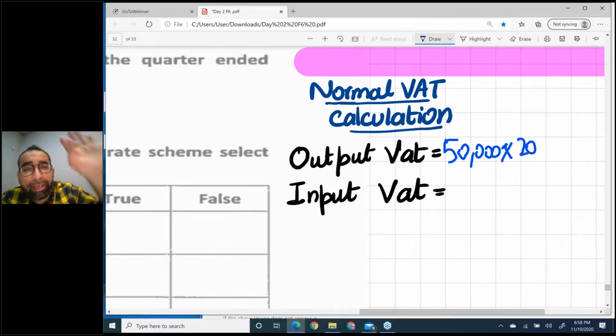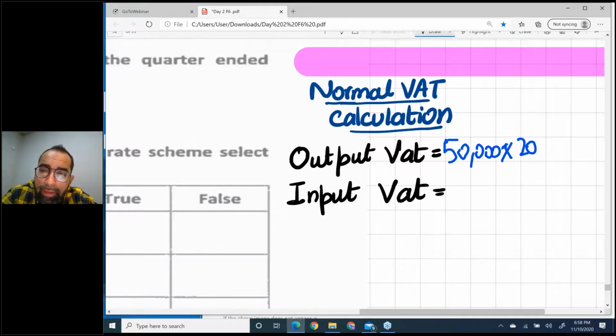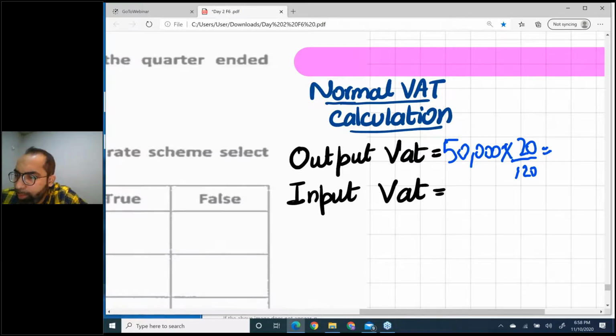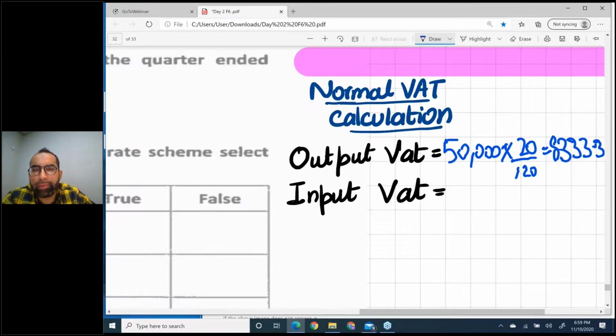I hope this is basically an F3 topic. 50,000 into 20 upon 120 is how much? 8333.3. Okay, this is output VAT.